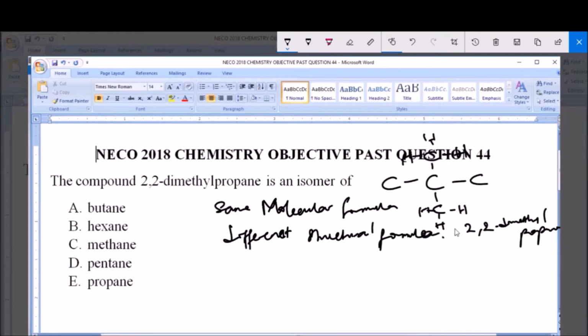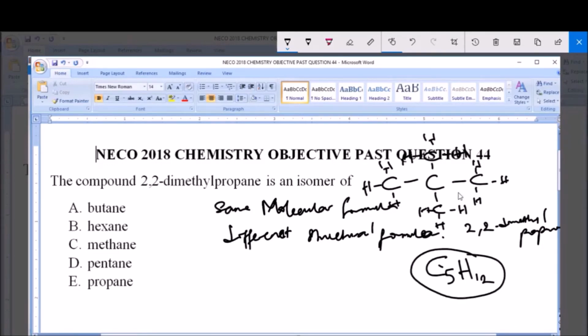Now the molecular formula of 2,2-dimethylpropane, since it has 5 carbon atoms, will be C5H12. Let me complete the hydrogen atoms. Now let's count the carbon atoms: 1, 2, 3, 4, 5. The hydrogen atoms: 1, 2, 3, 4, 5, 6, 7, 8, 9, 10, 11, 12. So this is the molecular formula of this, and this is the structural formula.